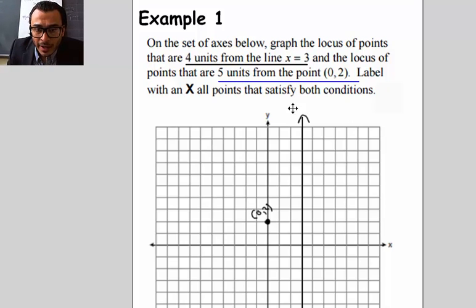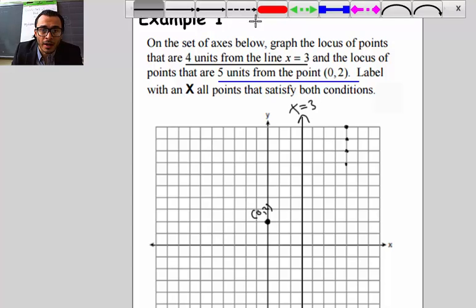Here is the line x equals 3, and I want to plot the locus of points 4 units from the line x equals 3. Well, I could begin by plotting 1 point, 1, 2, 3, 4, right? This point is 4 units from the line x equals 3. Then I can just move along the line x equals 3 and just keep plotting more points. Eventually, you're supposed to realize that these points I'm plotting will form a line.